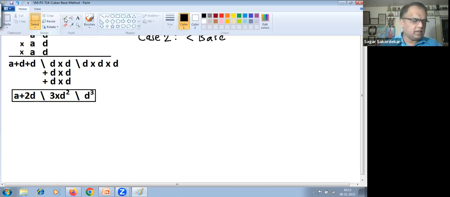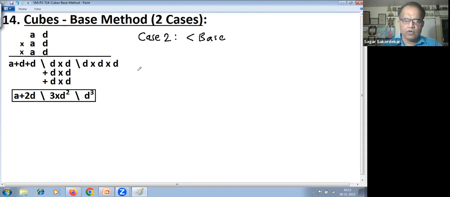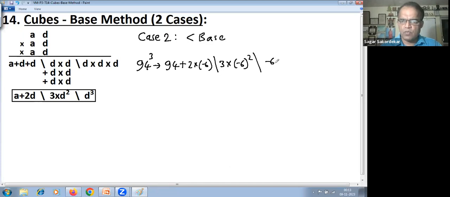And the next example is 94 cube. 94 minus 100 is minus 6. 2 into minus 6. Next is 3 into minus 6 square, and then minus 6 cube.